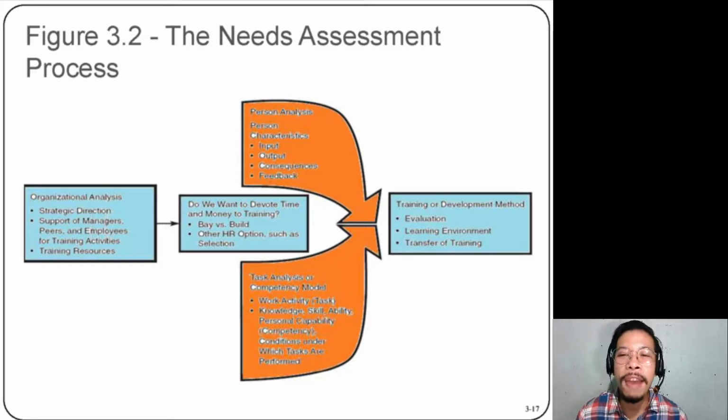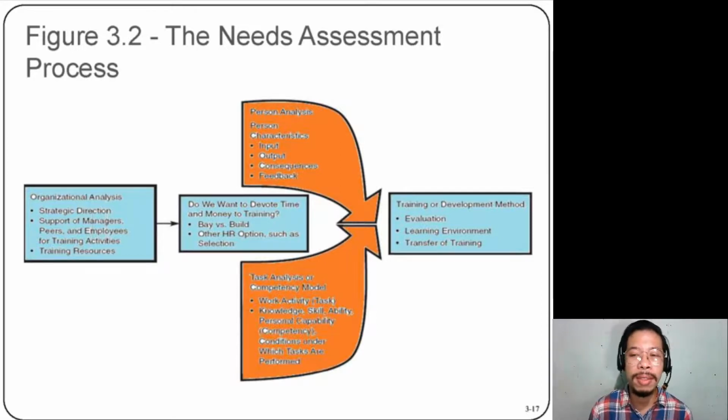So yes, we arrive now at the process of needs assessment. Finally, this is what we've been waiting for. This is figure 3.2, the needs assessment process. We have here the organization analysis, the person analysis, and the training and development method. We start first with the organization analysis. Again, we try to ask ourselves: what is the strategic direction?